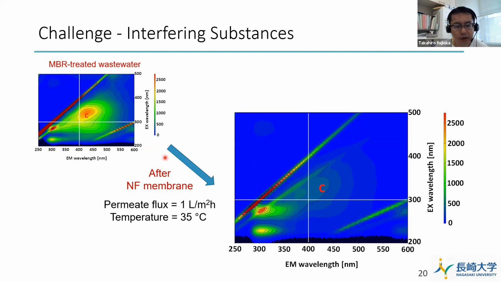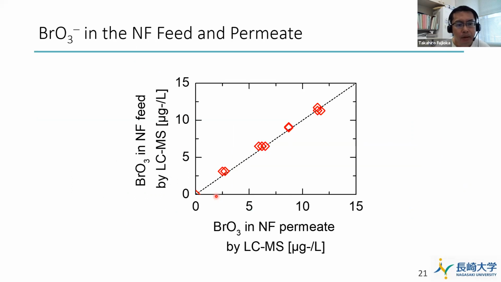This is just showing that we actually succeeded in removing the dissolved organics by using nanofiltration membranes. Some operating parameters are very key to succeed, but I'll skip this part for now. At the same time, we shouldn't remove the bromate ions. We should keep it in the sample.